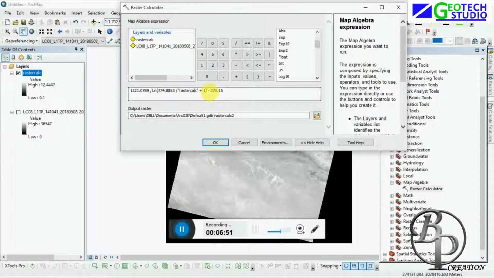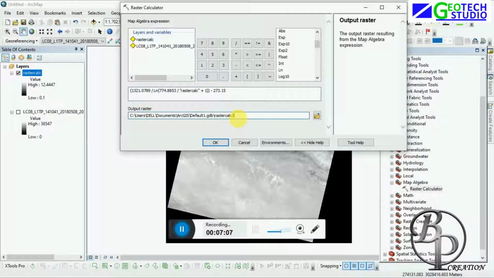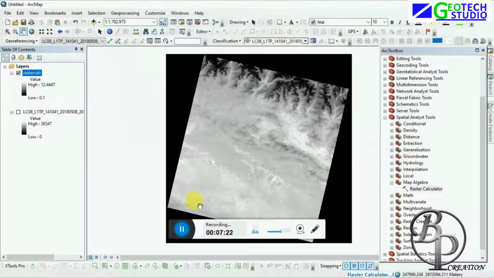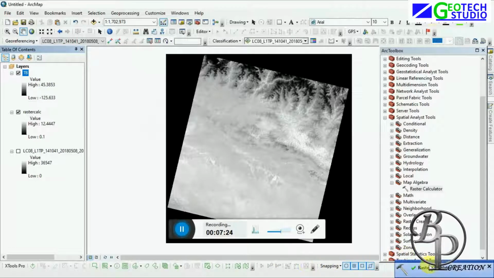After that we have to assign our mathematical symbols properly, so that we don't get an error and can get the output easily. Close the bracket properly and save your output file in your desired location by giving your own name. I am giving here BT, that means brightness temperature, top of atmosphere brightness temperature, and we have got it.